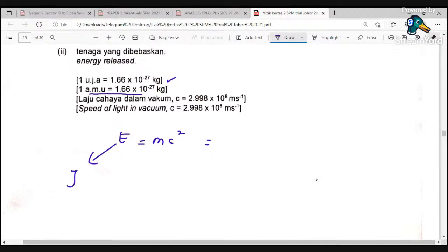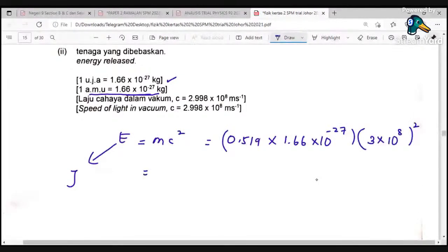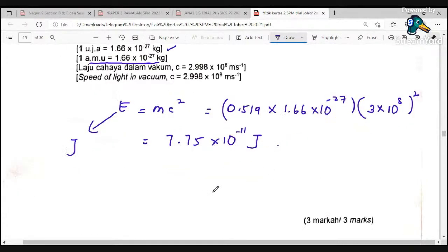So 0.519 you convert to kilogram by multiplying with the factor. Many students convert by squaring this one, so you get the wrong answer. So the answer you will get is 7.2.